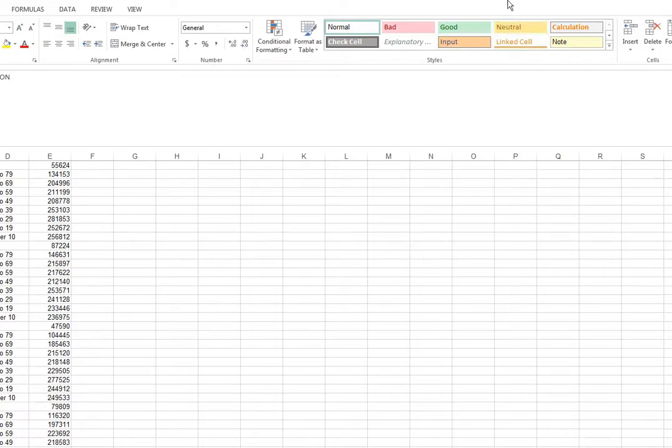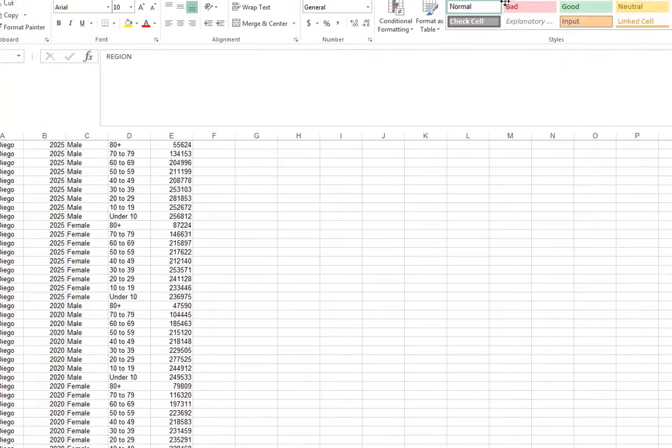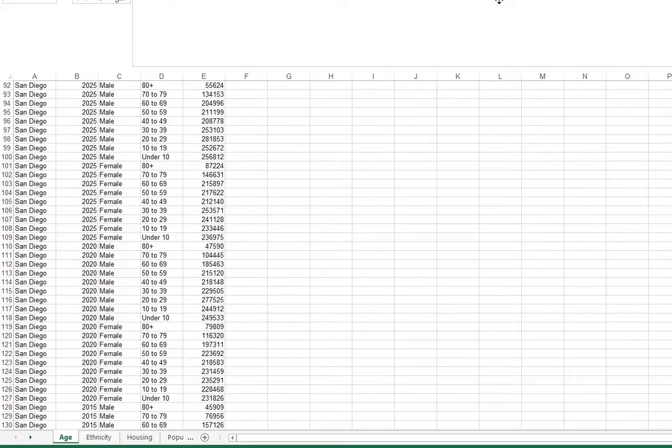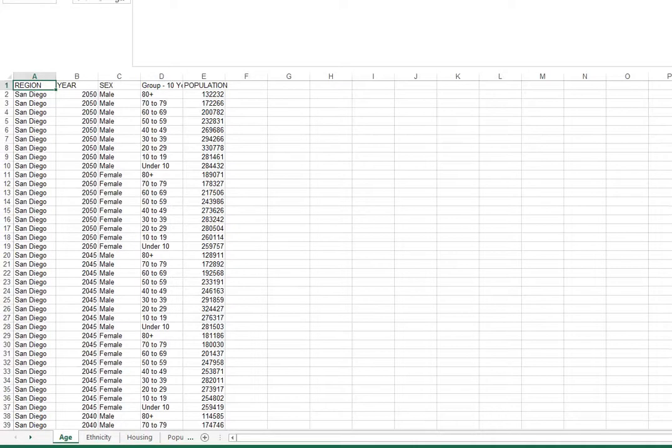Okay. I'm going to have to bring this over so that you can see the blocks right here. So there's forecast here for San Diego out to 2050 by age groups, male, female, in age group increments.